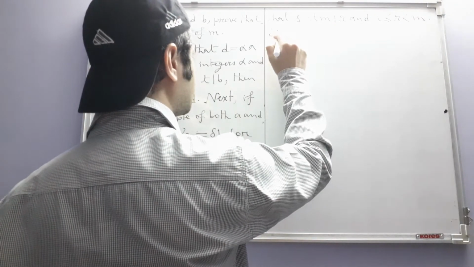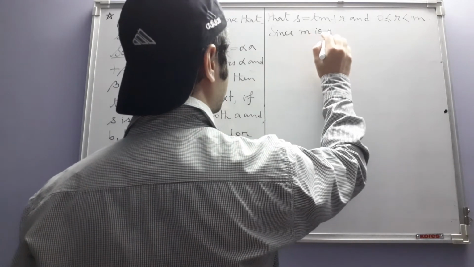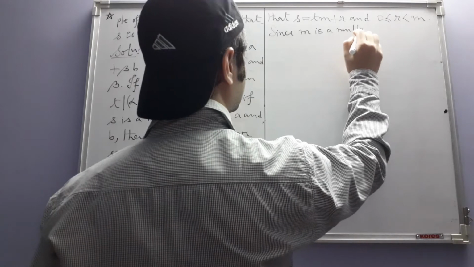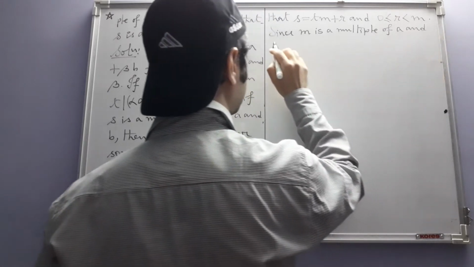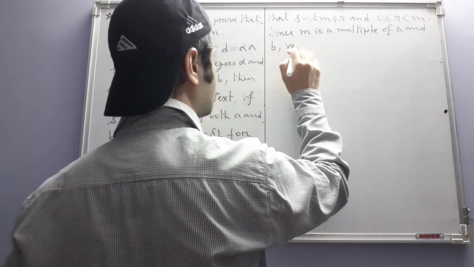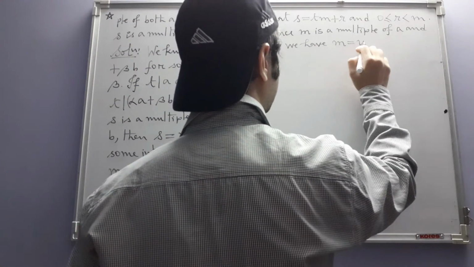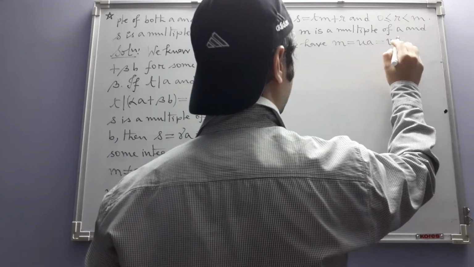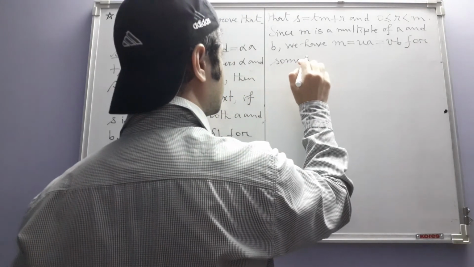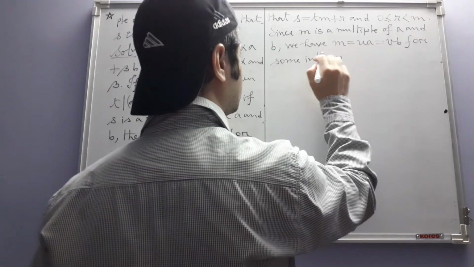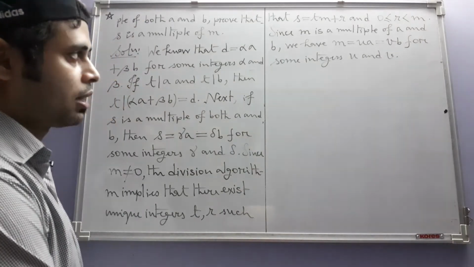Since M is a multiple of A and B, we have M is equal to, say, uA and vB for some integers u and v.